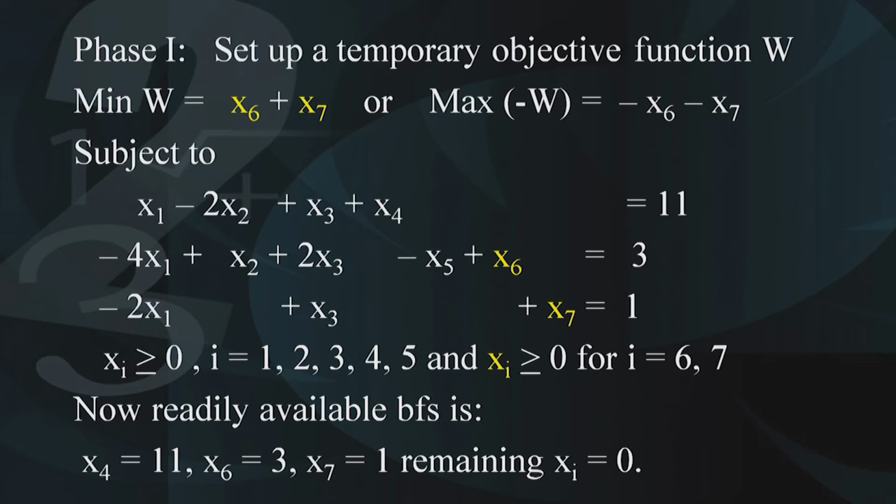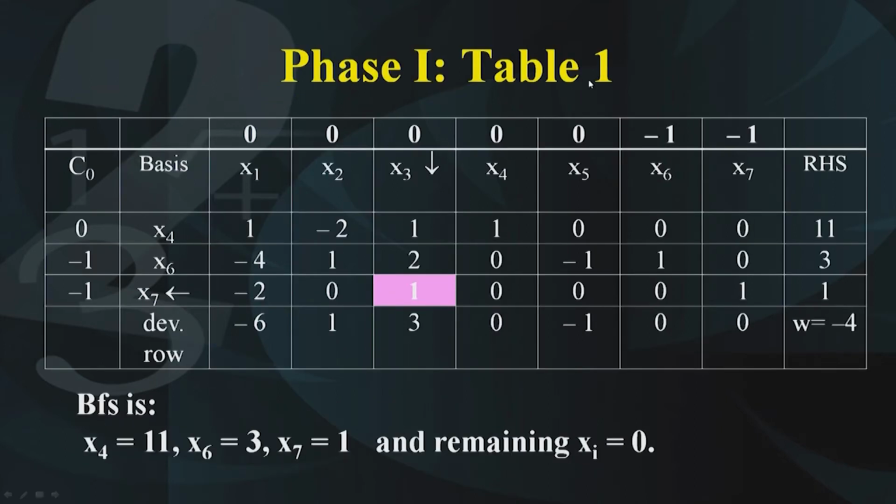We have phase 1 where the objective function is the sum of the artificial variables, and we have a BFS which is x4 equal to 11, x6 equal to 3, x7 equal to 1 and all other variables 0. So, let us tabulate all this information into table 1 of the first phase. So, phase 1 table 1.